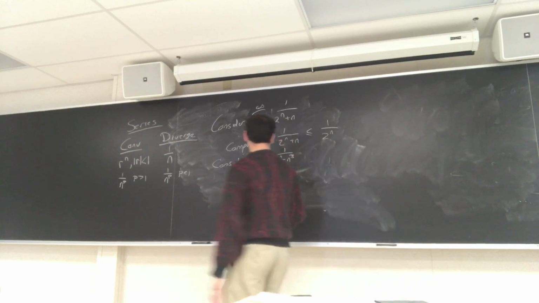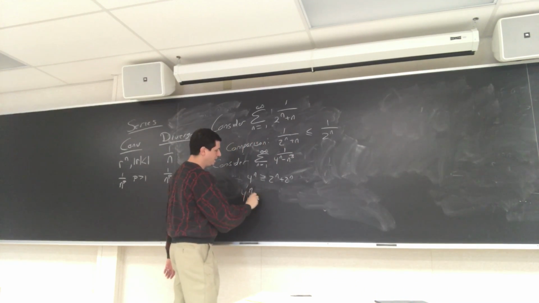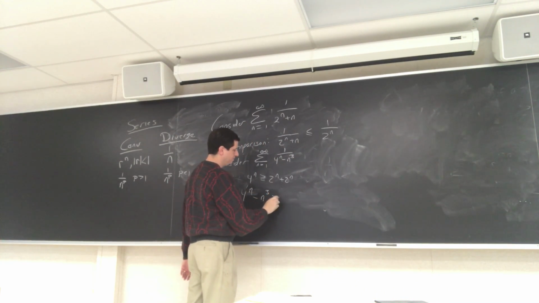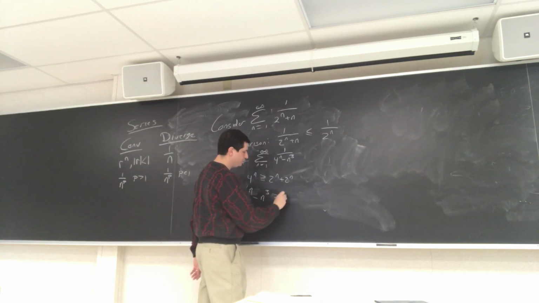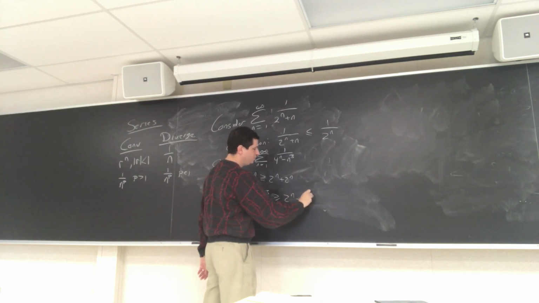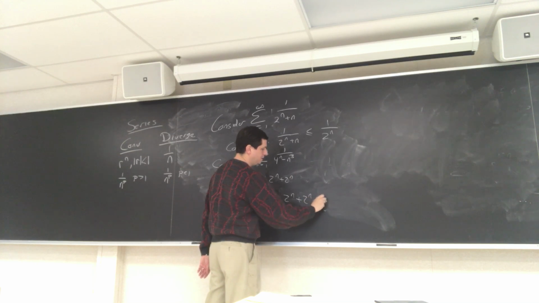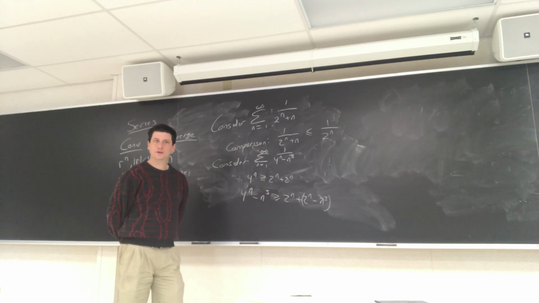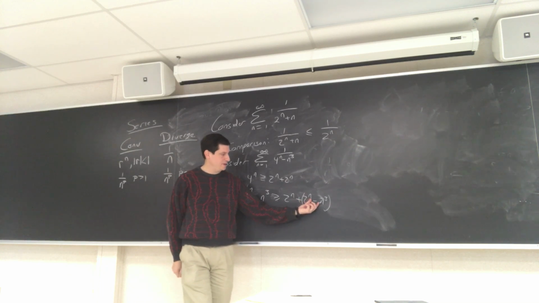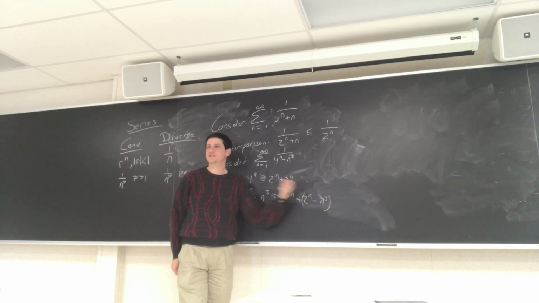So now, if I look at 4 to the n minus n cubed, this should be greater than or equal to 2 to the n plus 2 to the n minus n cubed. We know 2 to the n minus n cubed is going to eventually be positive. 2 to the n, an exponential function, grows faster than a polynomial function.